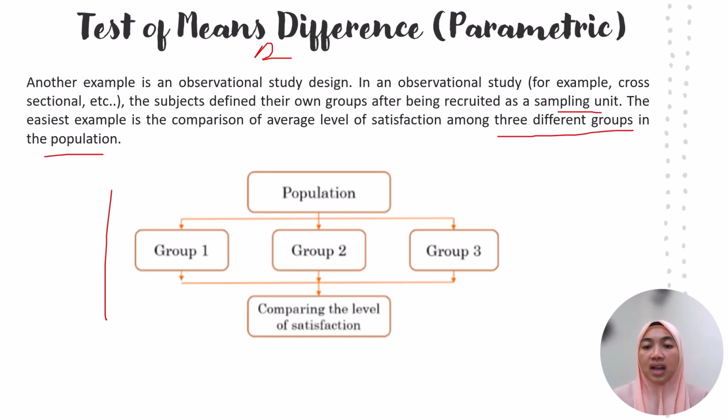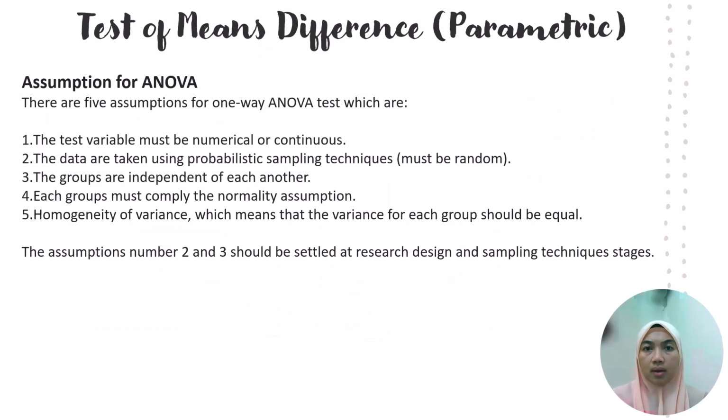The figure for the observational design starts from the population. We have the three groups here, and then between the three groups we can compare the level of satisfaction.